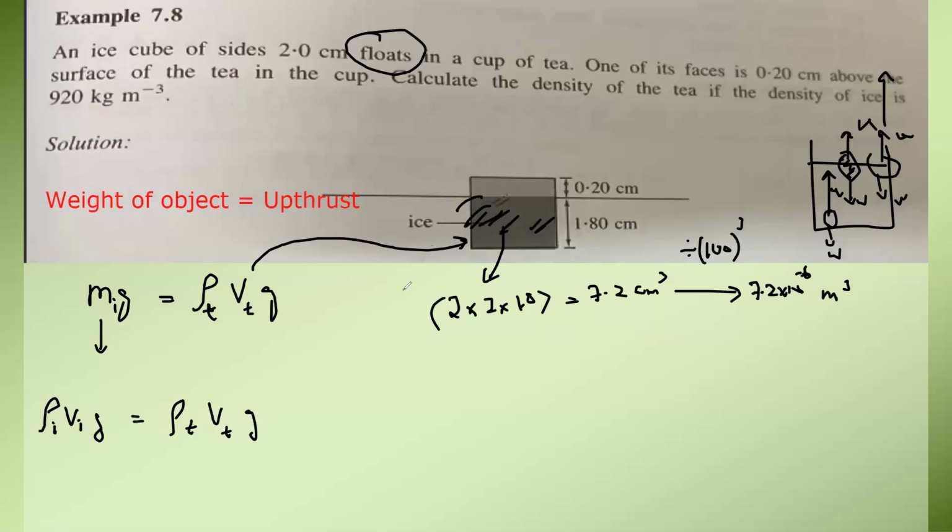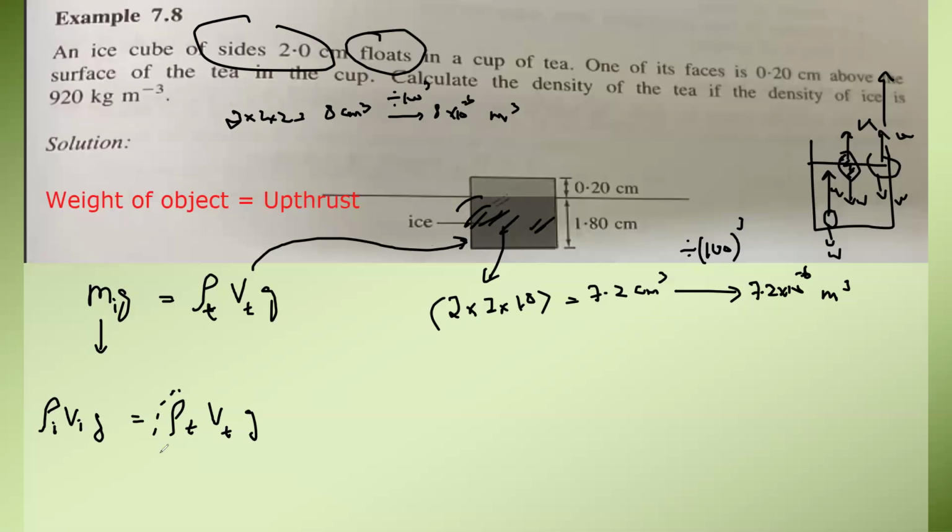What about the volume of the ice? The total volume of the ice, each side is 2 centimeters. So it will be 2 multiplied by 2 multiplied by 2, which is 8 centimeter cube. When we convert into meter cube, we divide by 100 cube. So this will become 8 into 10 power minus 6.